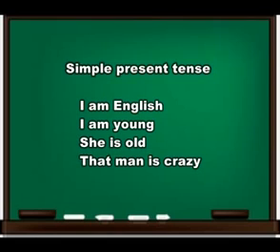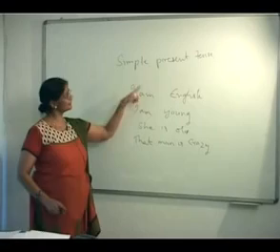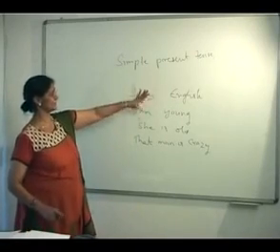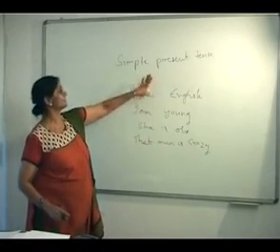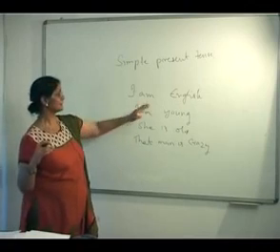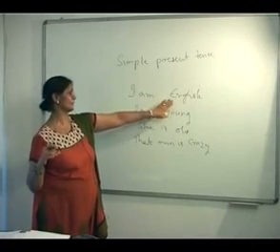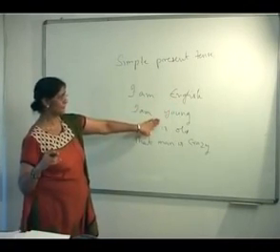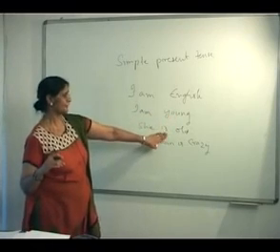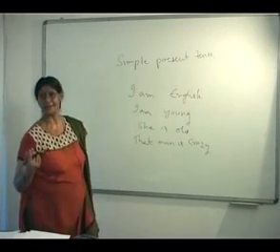See, these are current statements. I am English. I am an English woman, or I am a French woman. I am young. She's old. That man is crazy. So for this also you always express these current statements in the state of being. This is the state of being an English woman or an English man. This is the state of being a young woman. Here is an old woman and the crazy man.